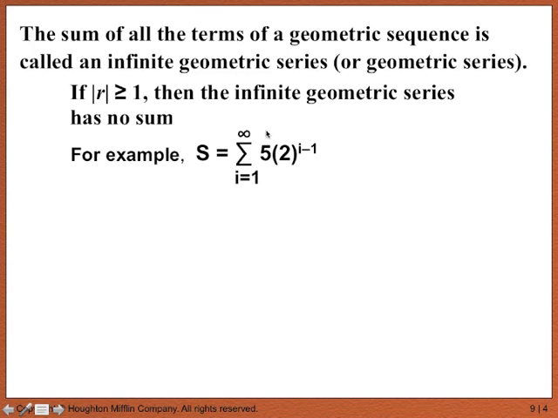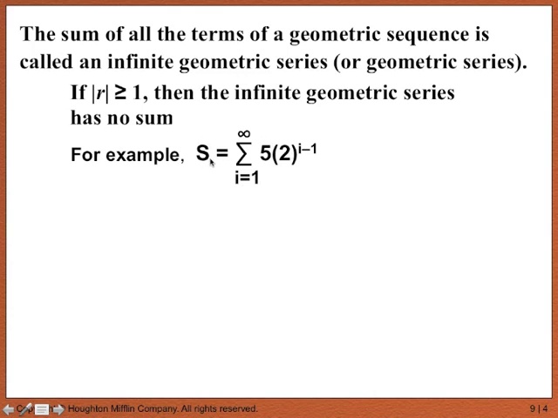But notice now that the upper limit is infinity, and therefore this is not a partial sum. This is simply a sum. This is called a geometric series, or an infinite geometric series, as opposed to an nth partial sum or a finite geometric series.